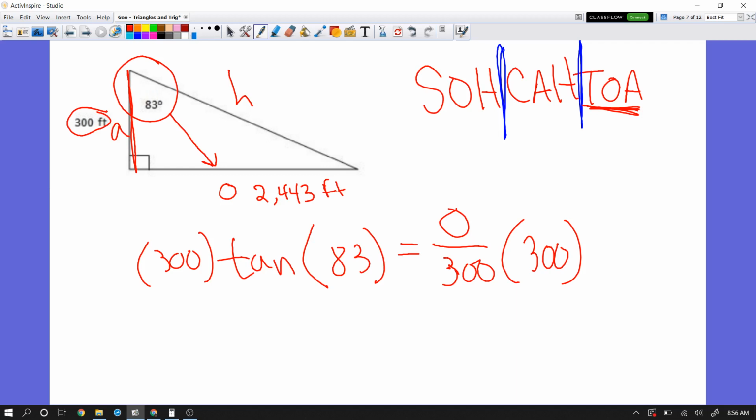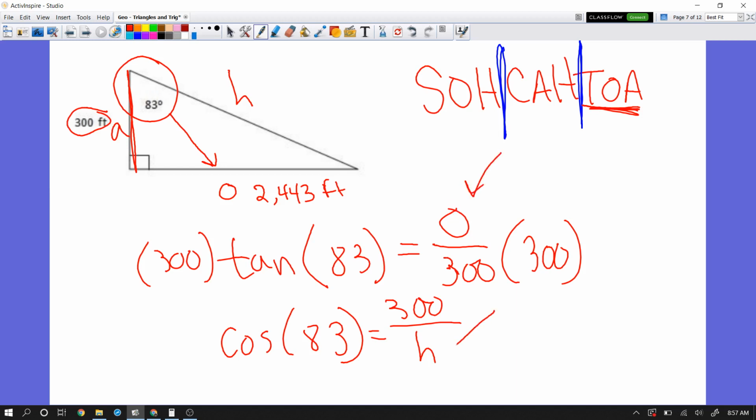Here's what it would look like if we were trying to set something up and we didn't do it correctly the first time. So let's say that we didn't do tangent first and we did cosine first. Cosine says to have adjacent over hypotenuse. So that would be 300 over h. That would put us into another bind. What we want to do is be able to get this variable by itself.